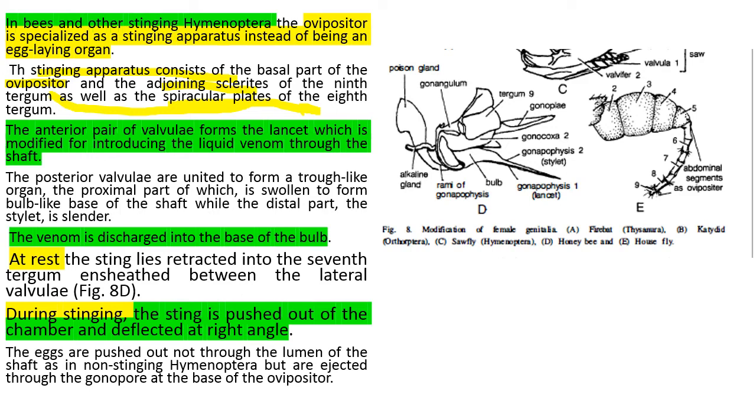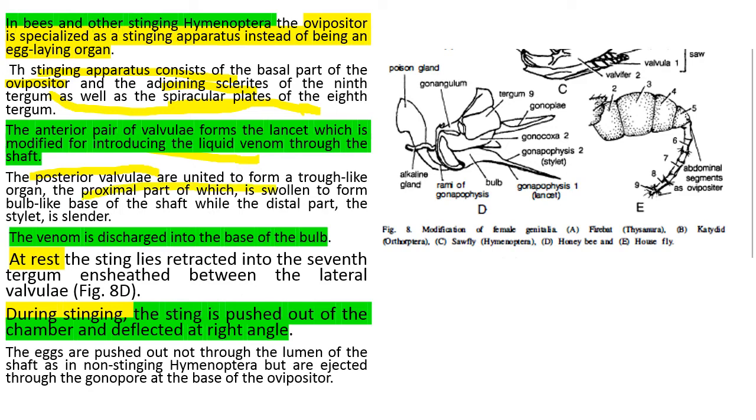Now the anterior pair of valvulae, they are forming a lancet, and the lancet is modified for introducing the liquid venom through this shaft. So the liquid will pour through this pair of valvulae. The posterior valvulae are united to form a trough like organ, and the proximal part of it is swollen, just like we have in an injection.